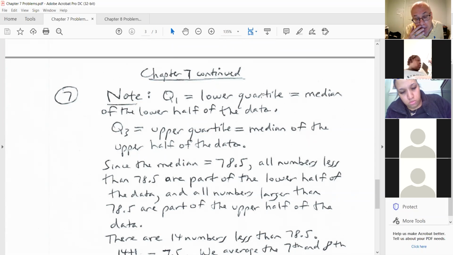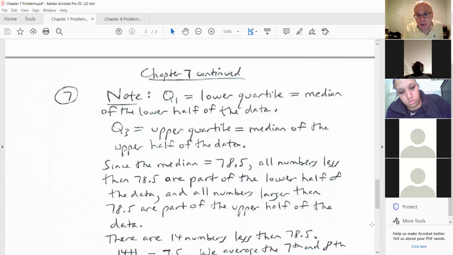So you find the median first, and then you have the lower half and the upper half. If we took the upper half and found the median of the upper half, that's the upper quartile, called Q3. And that's literally how you find Q1 and Q3.